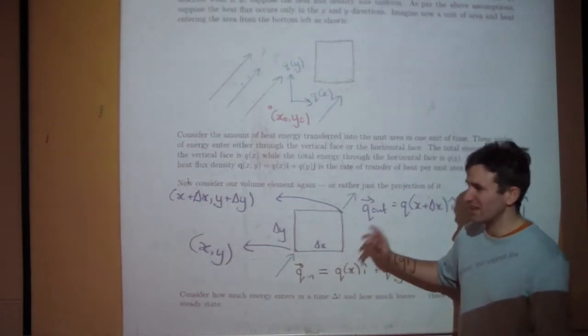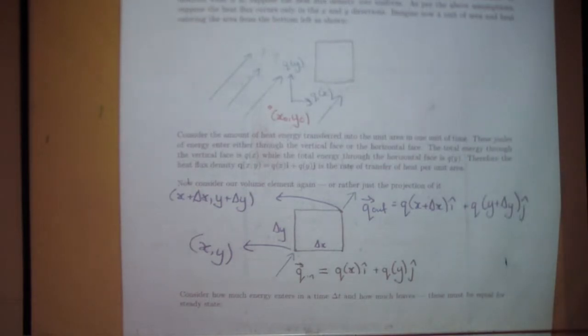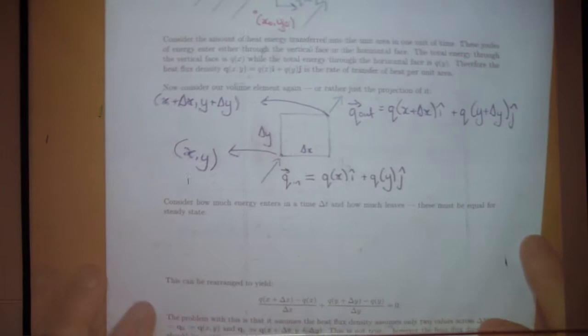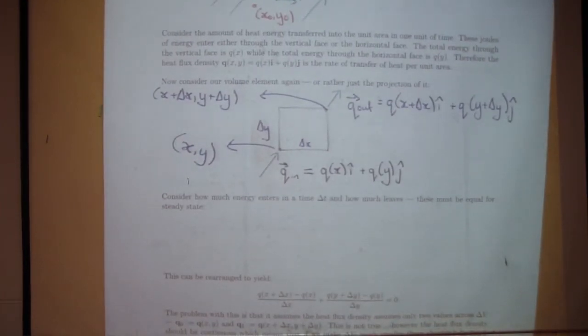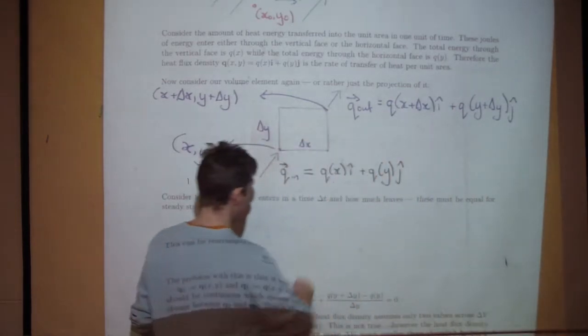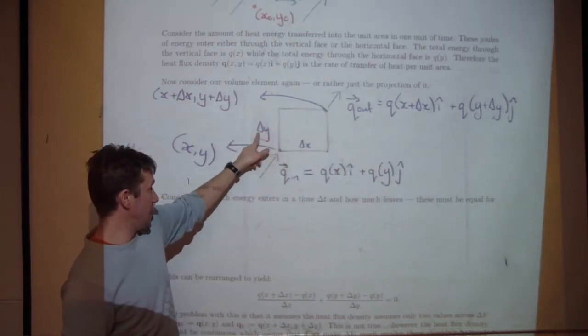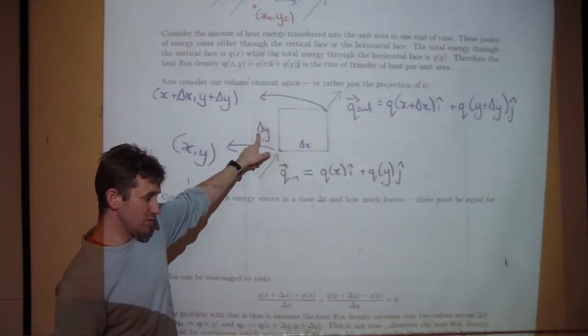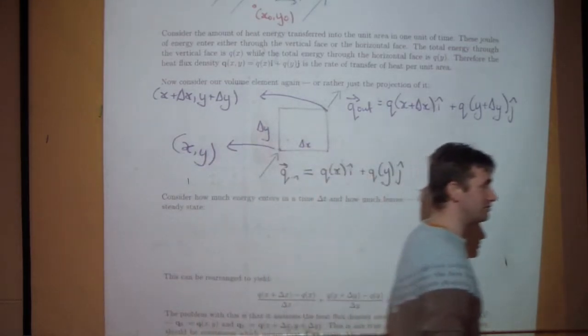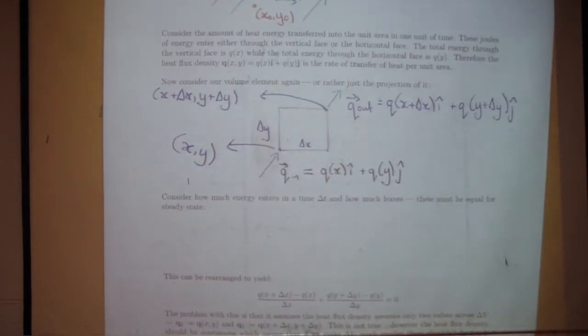So I'll throw in the delta z. How much heat is there in a certain amount of time? The Q of x i goes through there. The area is delta y by delta z, and we're saying in a certain amount of time, delta t.